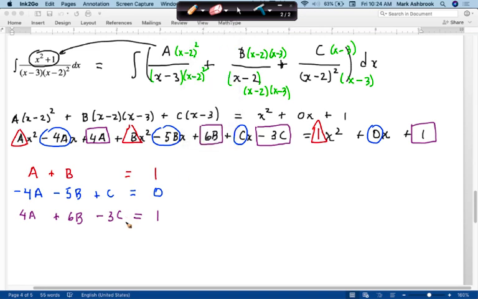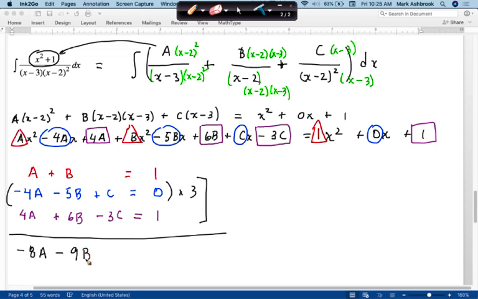So how do I eliminate C from equations 2 and 3? Multiply by positive 3, right? If I multiply by positive 3 and then add these two, it'll get rid of C. I'll be left with something of A and B, which I can combine with the first equation. So negative 12a and 4a looks like negative 8a. Negative 15b and 6b is negative 9b. Check my work. And the 3c. And then 0, 1.